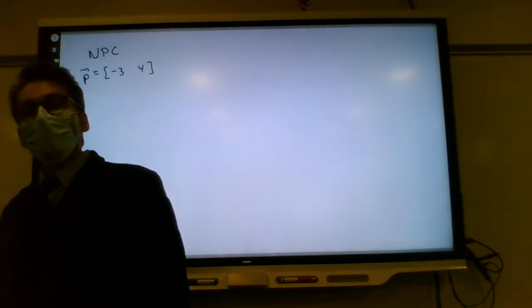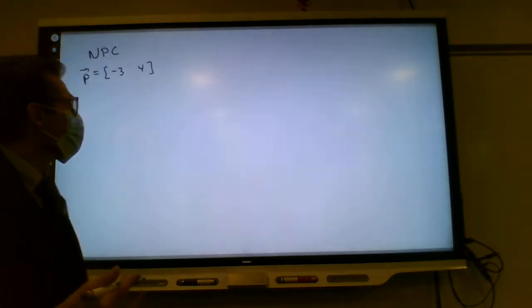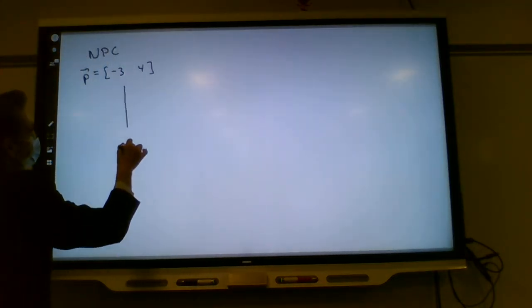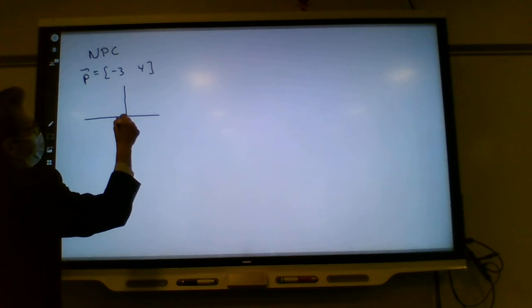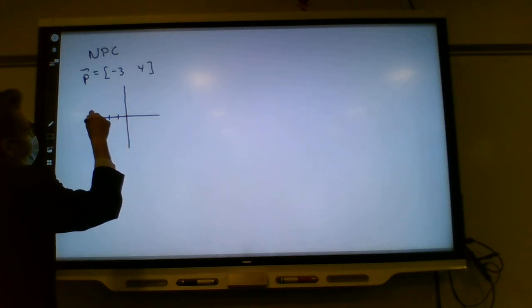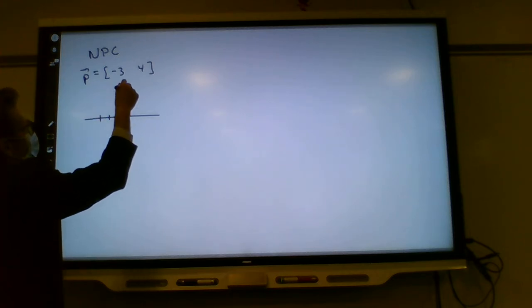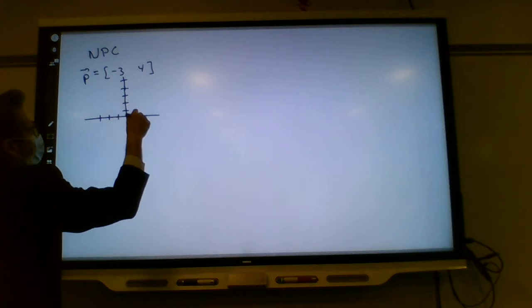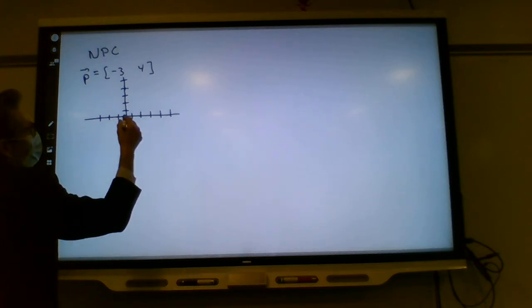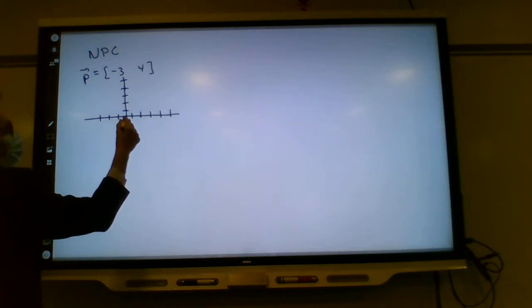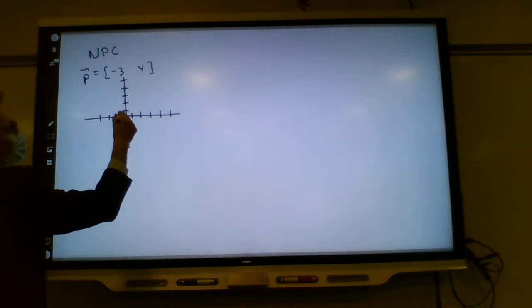No. So if I say position, but then give the position as a vector, what do we have to think of? We have to think of a vector in standard position with the tail at the origin.